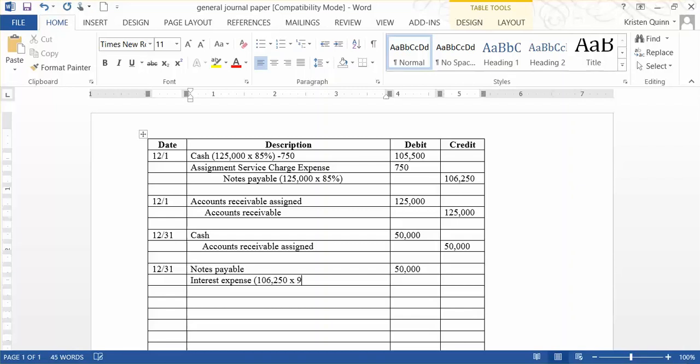Our interest rate is 9%, but it's only been 1 month that we've had this loan. So we're not going to pay the full 9% because that's an annual rate. We are going to pay 1/12 of that amount, which comes out to $797 in interest. And we are paying off that portion of our loan in cash.